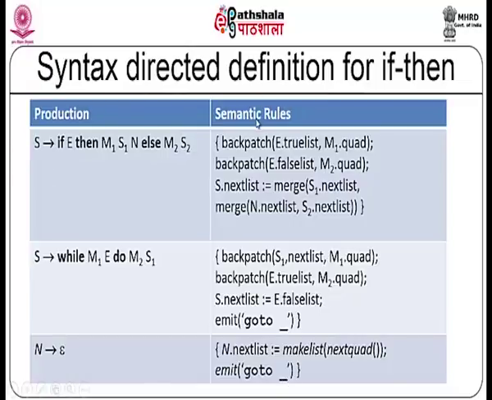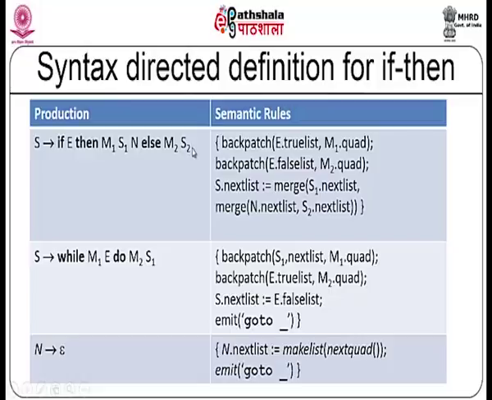So, backpatch E dot true list with M1 dot quad and backpatch E dot false list with M2 dot quad. These two are very simple, just getting the line numbers M1 and M2 accordingly. And then the next list of S will be built from S1's next list, and it should actually have three components: S1's next, N's next and S2's next. So, how am I going to combine that?